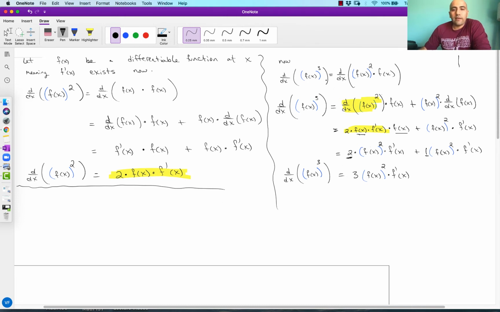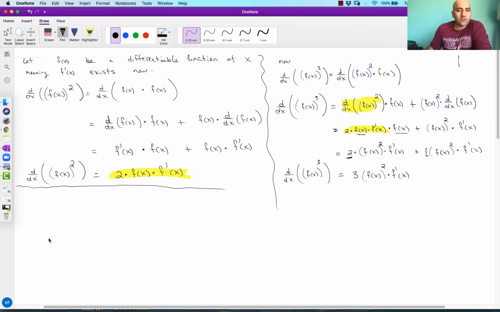What about when we had it cubed? Again, we can do this clever separation, rewrite it as a product, then use the product rule to expand it all out like this, and this is the answer we get. Okay, so a pattern should start to emerge. Let's do one more for good measure, and I think at that point the pattern should be incredibly obvious.